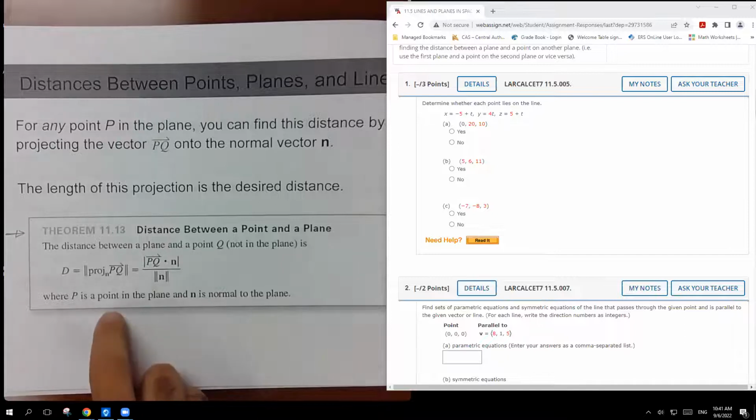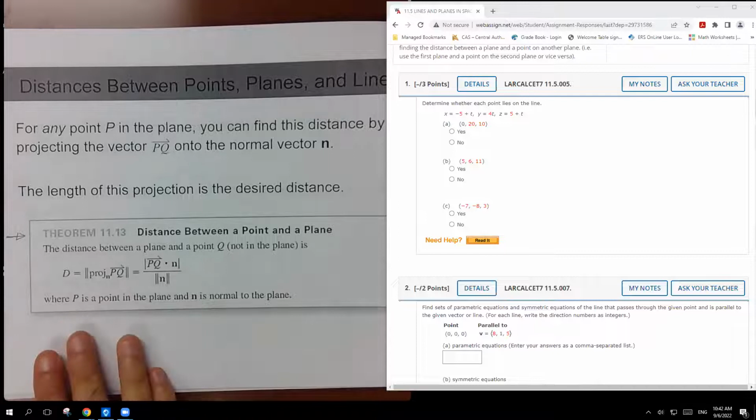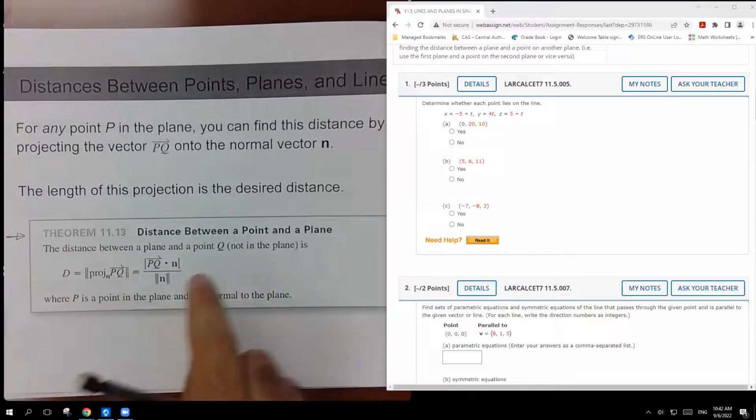This is important because they're not going to give you a point in the plane. You have to choose a random point and plug it into the equation of the plane. They're going to give you the equation of the plane. So to find the P, plug any random point into the equation of the plane. If it's satisfied, both sides are equal, that means this point belongs to the plane. So you can use P, the new P with the Q.